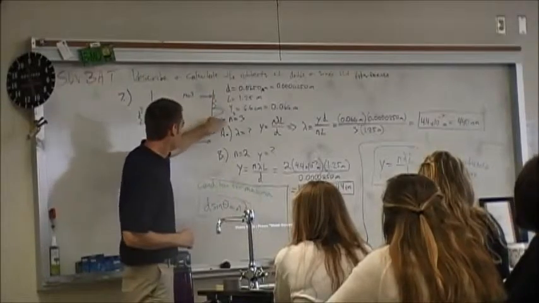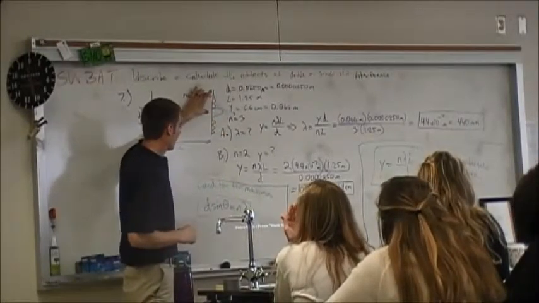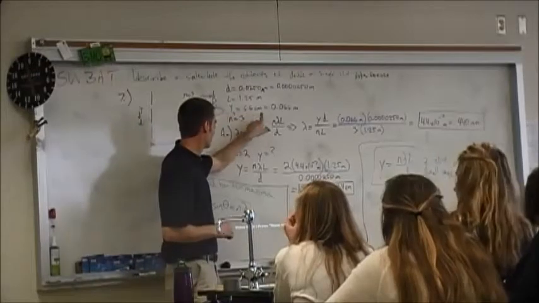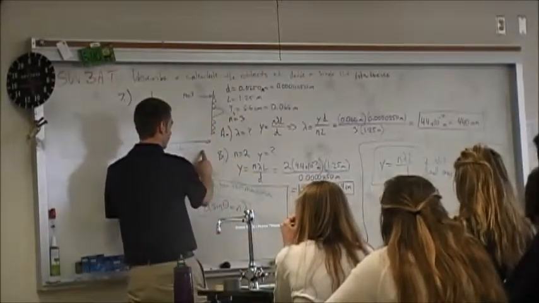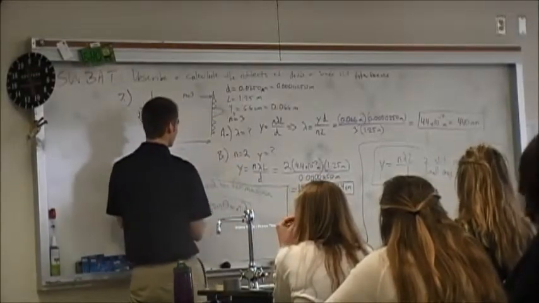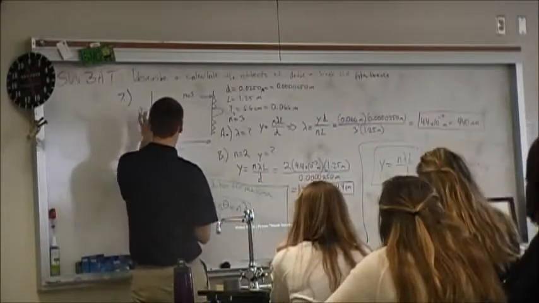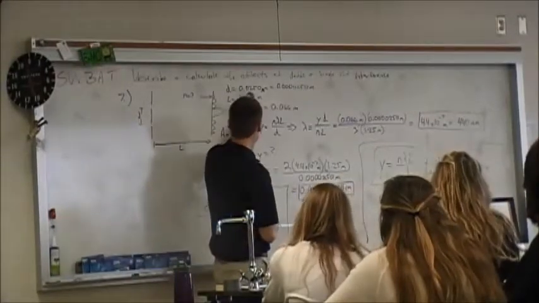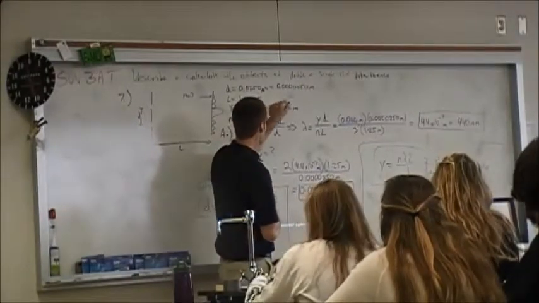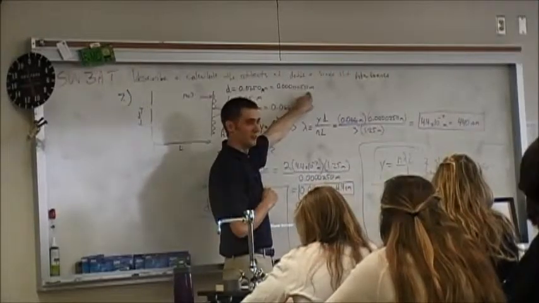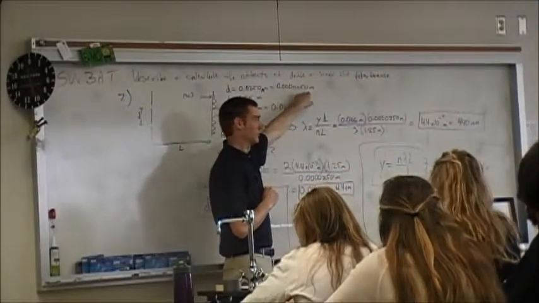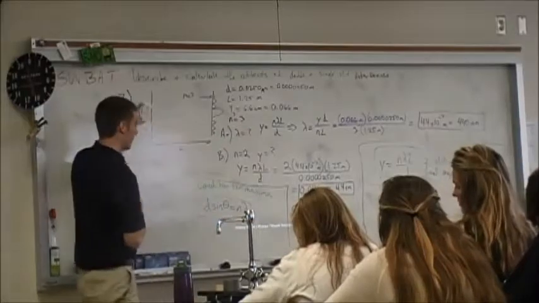So at n equals 3, the y value is 6.6 centimeters. The distance to the screen is 1.25 meters, and the slit separation is 0.025 millimeters, which I converted into meters to have everything in consistent units. That's pretty typical, by the way, for slit separation.